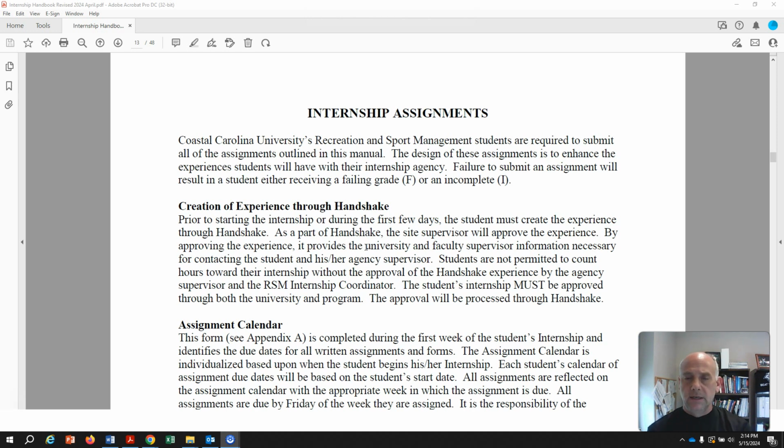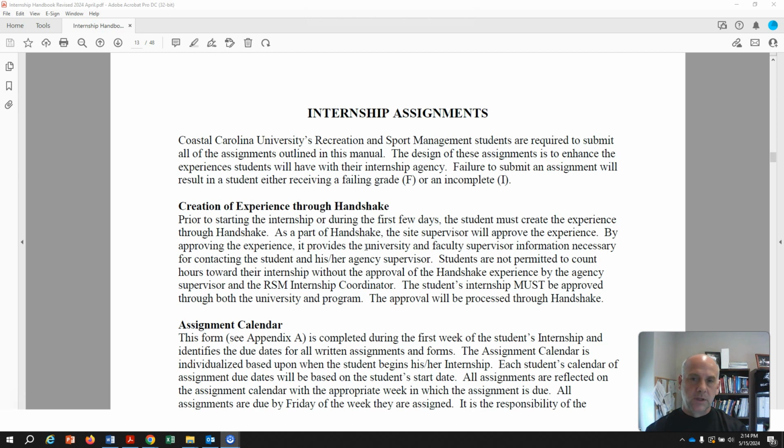Before that, you cannot count any of your hours, and you really shouldn't start your internship until you get that handshake approved, because that's kind of the legal binding that makes sure everything is okay. The handshake is also important because your midterm evaluation and your final evaluation will be sent to your internship site supervisor through handshake.